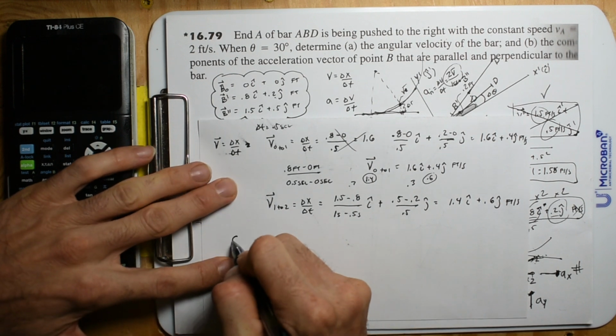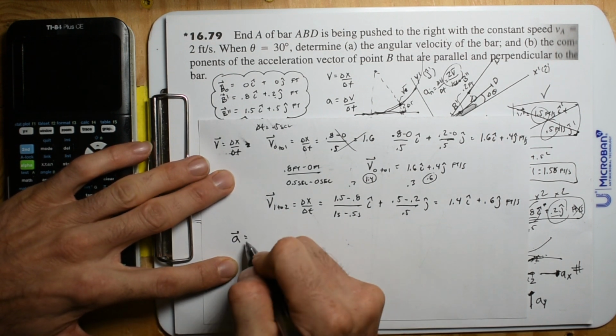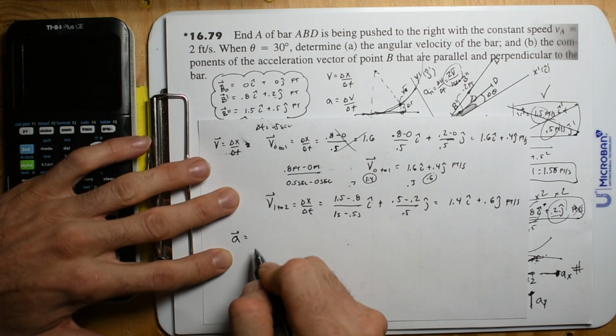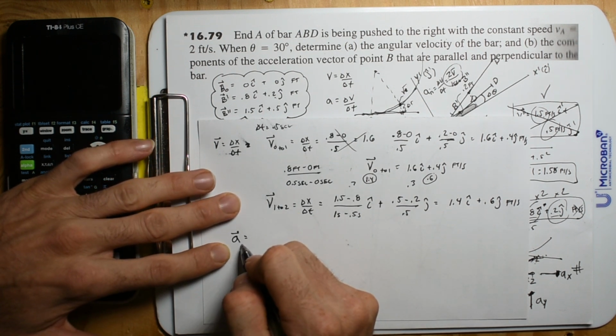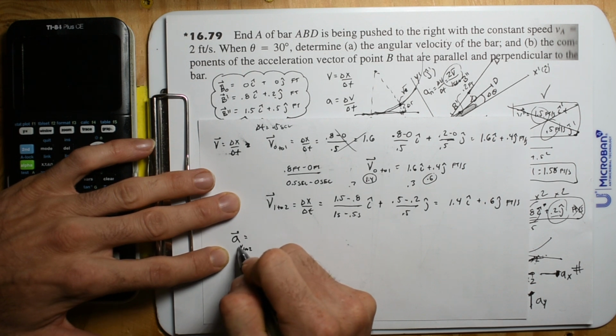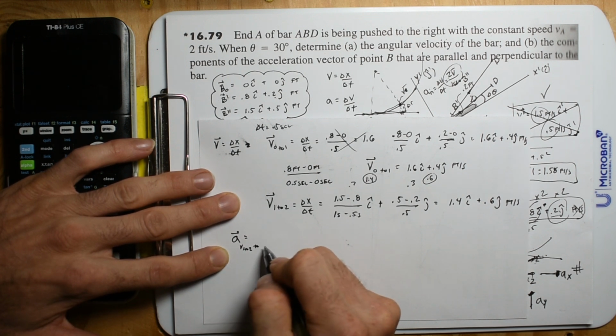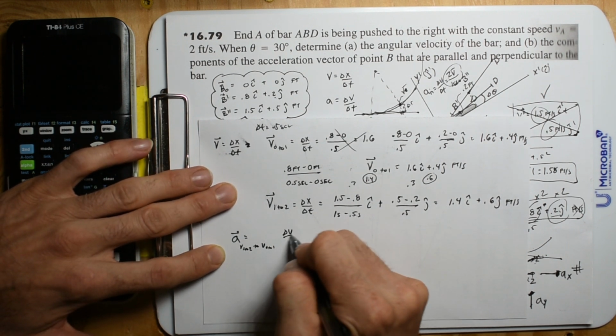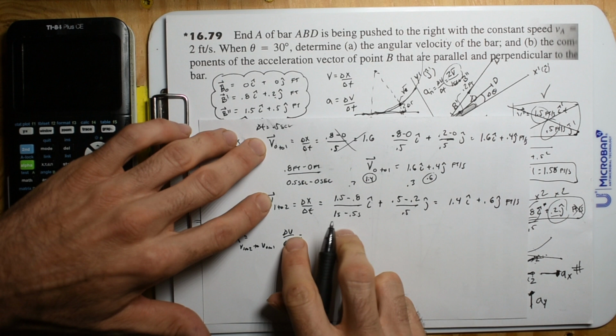Now we're going to find our acceleration. Definitionally, our acceleration is going to be a difference between the velocities. So we're going to have a difference between velocity 1 to 2 and velocity 0 to 1. We're having this change in that velocity. So it's change in velocity over change in time.